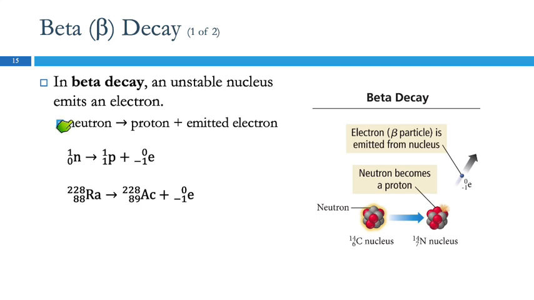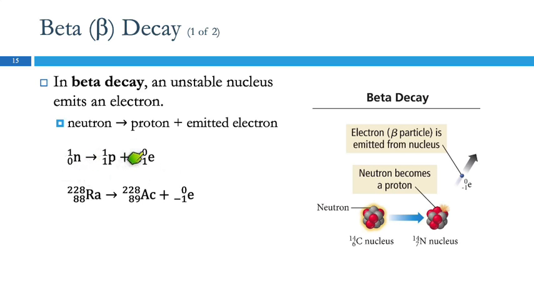What happens is a neutron can turn into a proton and an electron, and that electron gets kicked out. So one neutron can change into a proton plus an electron. The electron leaves. This is a balanced radioactive or nuclear equation.